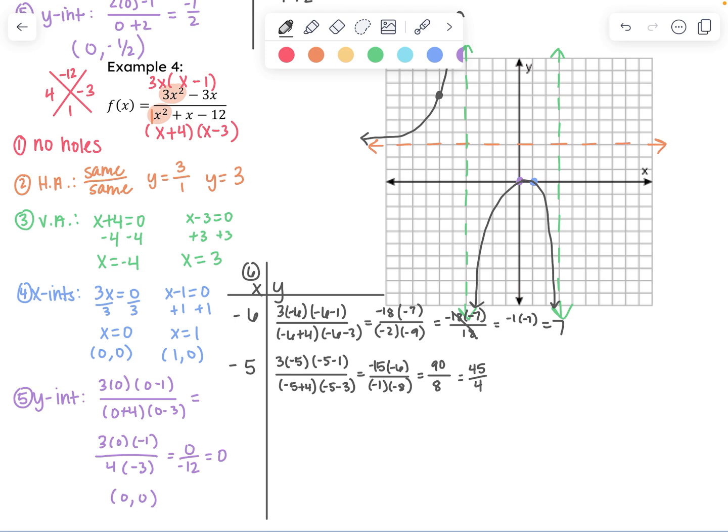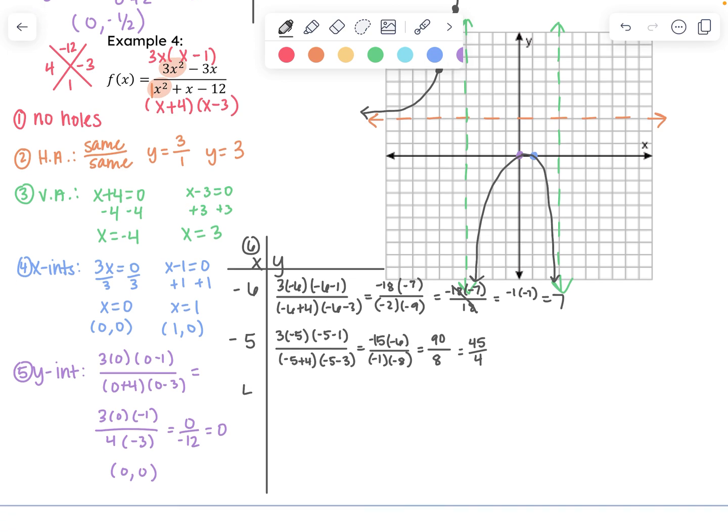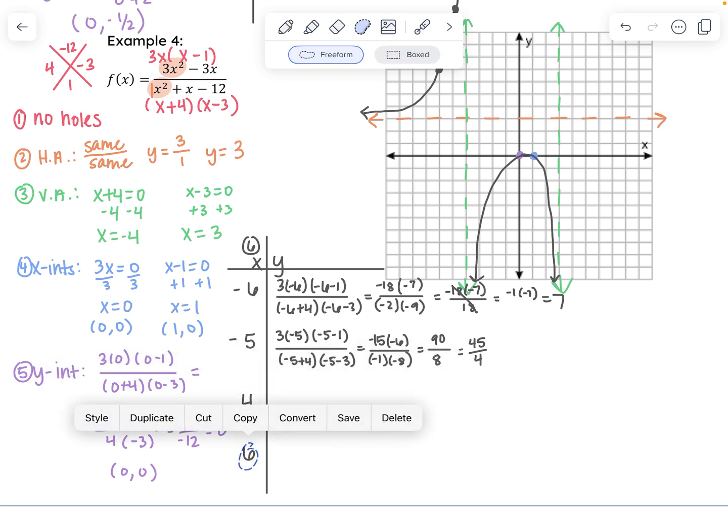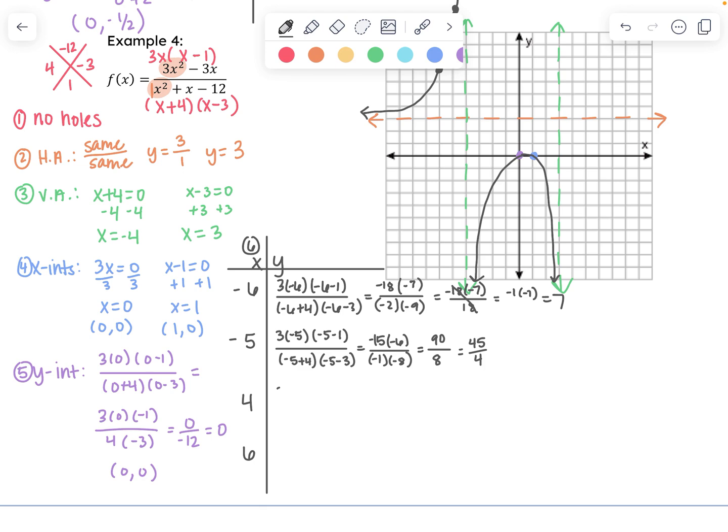So on the right side over here, our asymptote is going up and down at 3. So I'm going to plug in 4 and I'm going to plug in 6. I picked 6 for a very specific reason that we'll talk about in a second, but let's start with 4. So 3 times 4, then 4 minus 1 over 4 plus 4 and 4 minus 3.